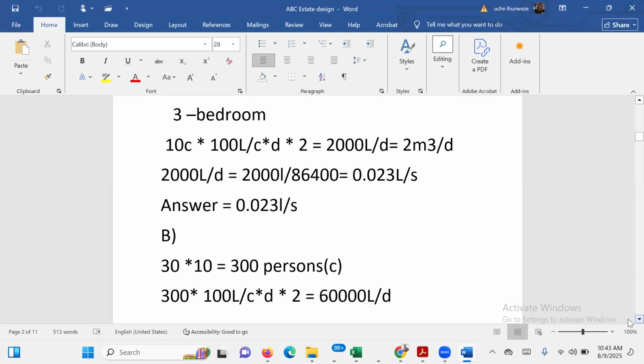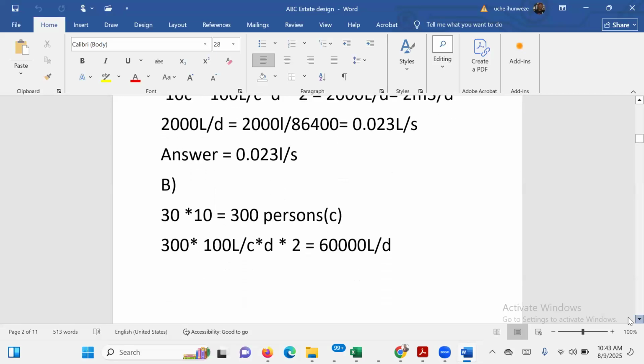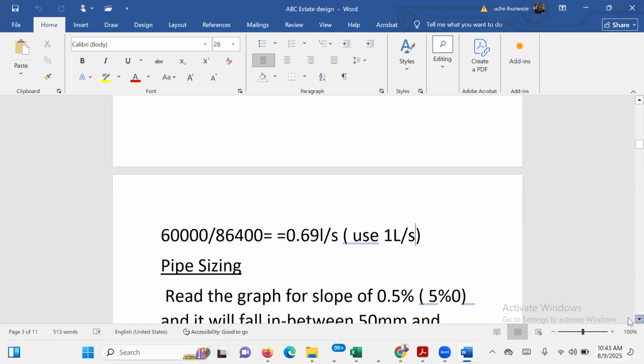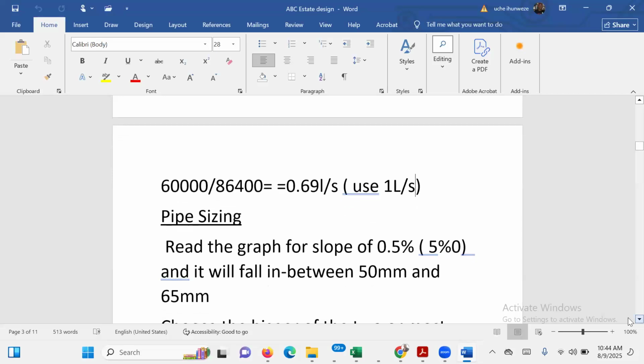And since one person requires 100, and the safety factor we are using is 2, we just multiply everything together. Our answer is now giving us 60,000 liters per day. If you do the conversion, you are going to get 0.69 liters per second.